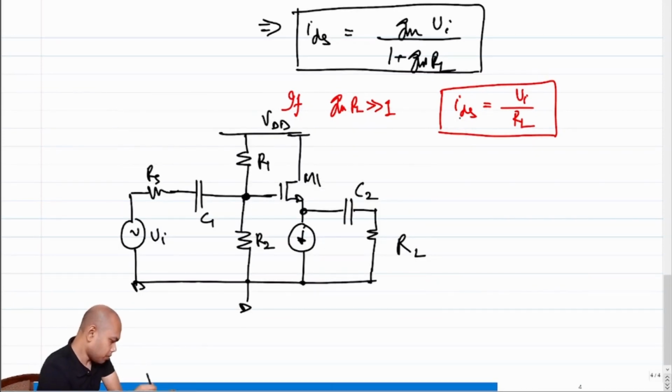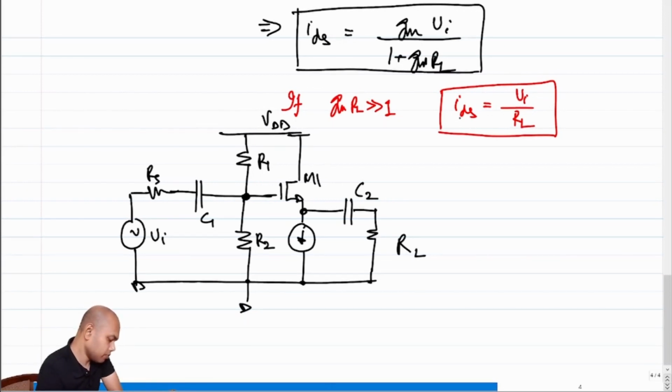Okay, so what is the total current, or rather, let's do the easy one first. Let's do the voltage, right? Let's do the condition for linearity of M1, right?